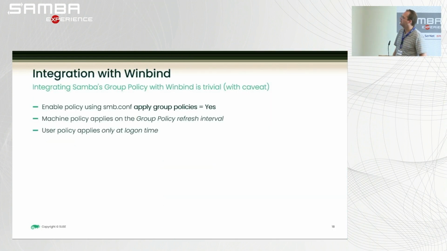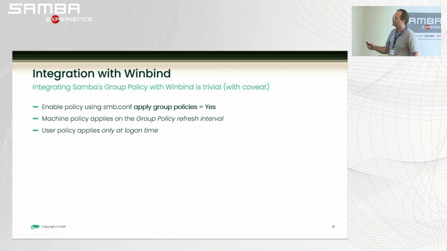So integration, I've mentioned this before. It works with Winbind, of course, just by setting this apply group policies to yes option in smb.conf. As soon as that's set, machine policy applies on an interval, which is actually documented in Microsoft documentation. It follows the same interval. On the other hand, user policy right now only applies at logon time. And speaking of which, I would like to talk to some Samba developers later about this.